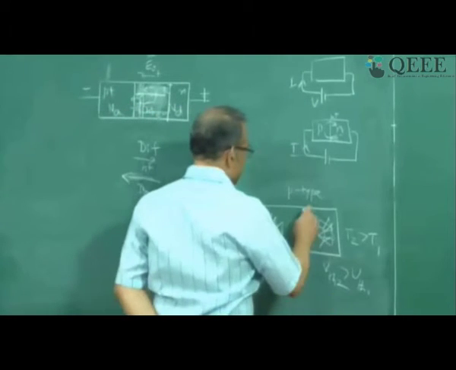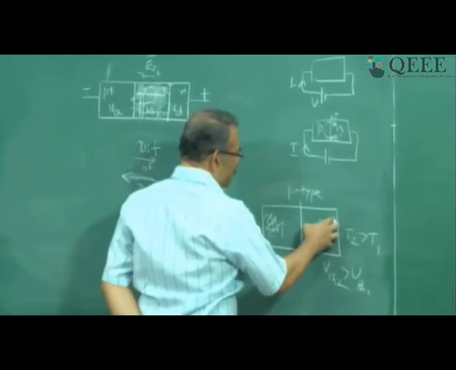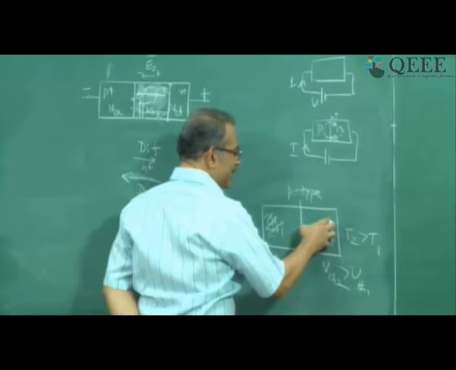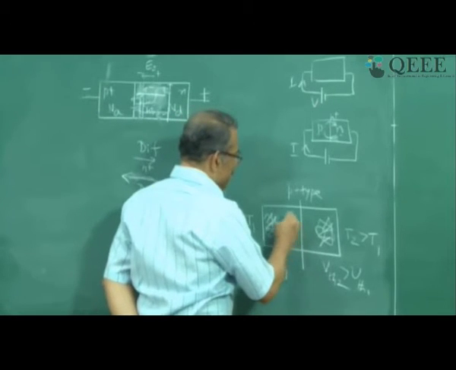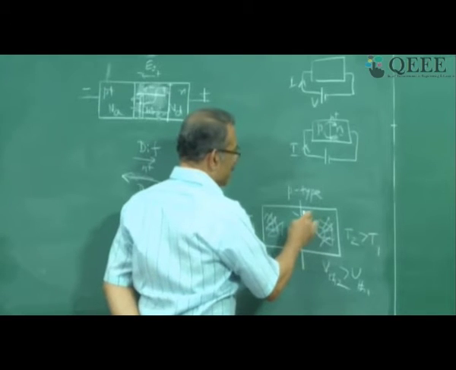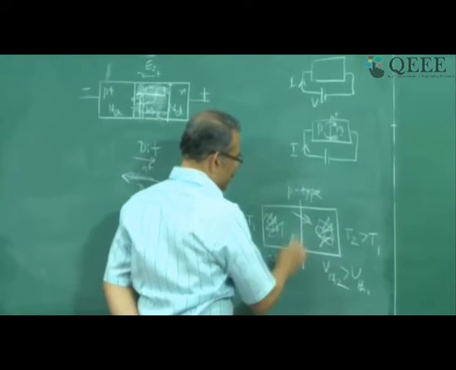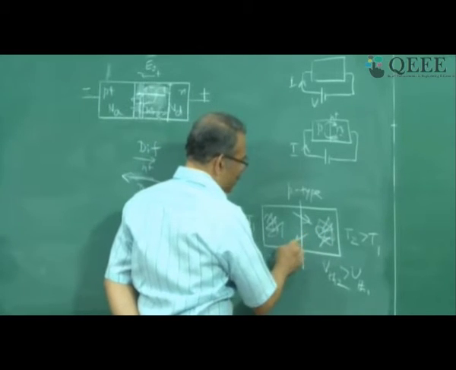In other words, if I take a plane like this, the right half of the plane will have more thermal velocity than the left half. Now because carriers are moving randomly, a hole moving from left to right will have a thermal velocity VTH1. A hole moving from right to left will have a thermal velocity VTH2.